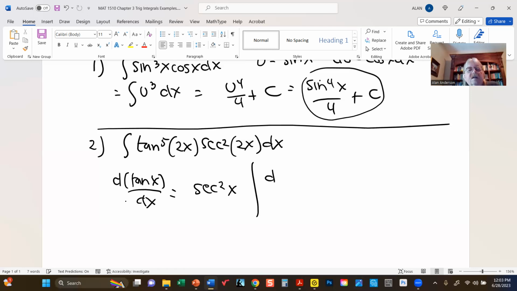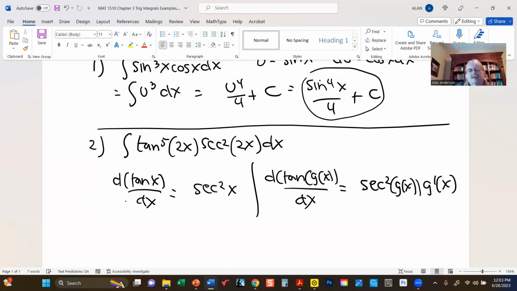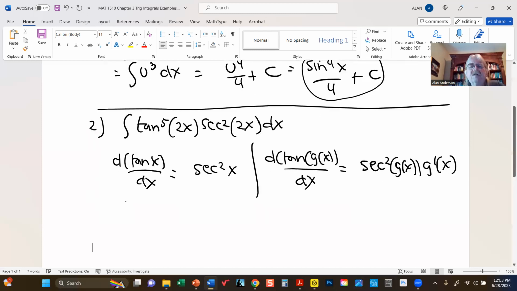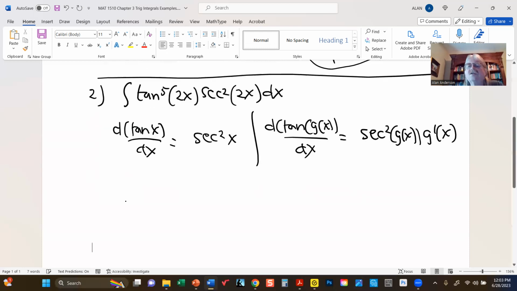What if we have something like this? Oh no, we're going to need the chain rule now. Oh boy, so this is something we haven't seen up to this point. Trig functions that require us to use the chain rule.